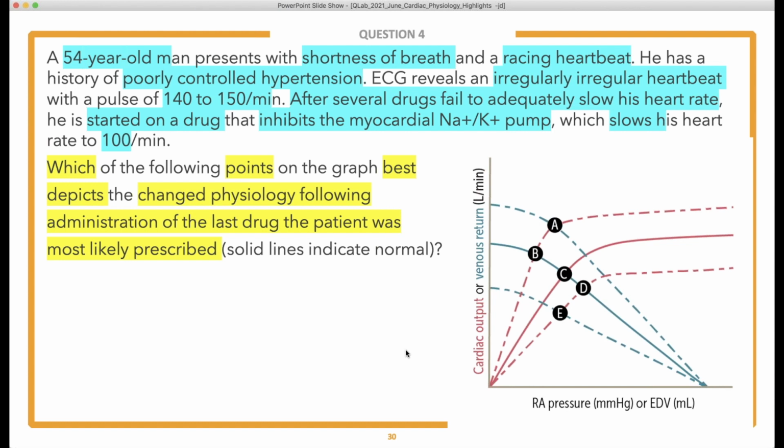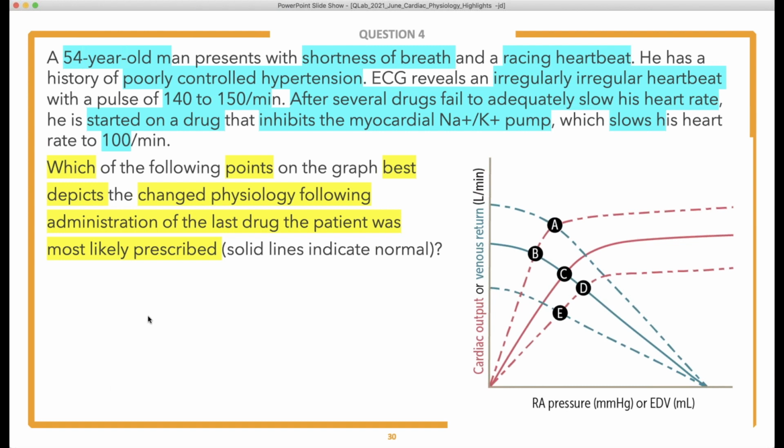They then give us some EKG findings, and then they tell us specifically, kind of getting at pharmacotherapy. So they're saying that several drugs have failed to slow his heart rate, so he's then started on a new drug, and they're telling us the mechanism of that drug. So then they are asking us in the lead-in, which point best depicts the changed physiology after that patient was most likely prescribed that last drug.